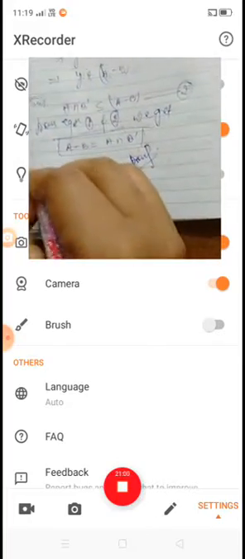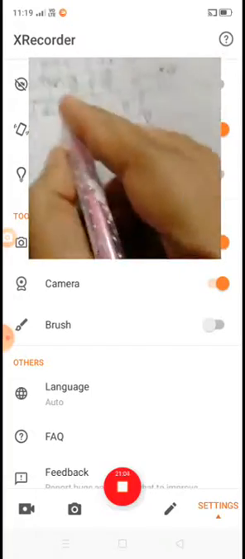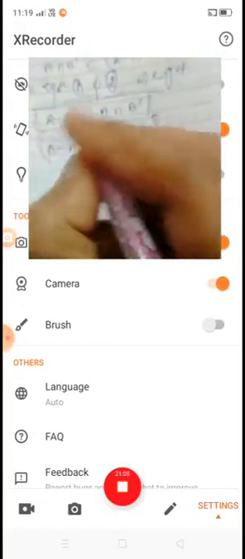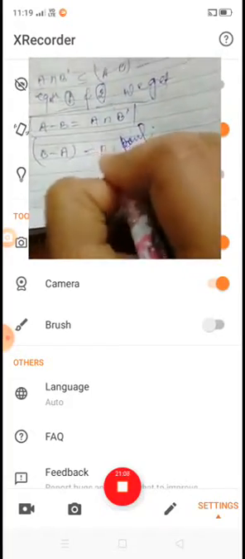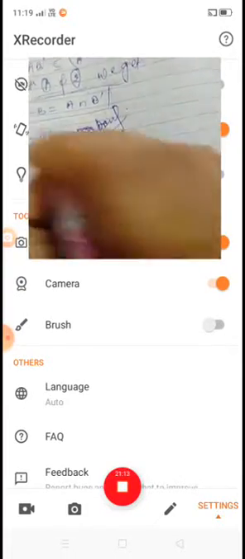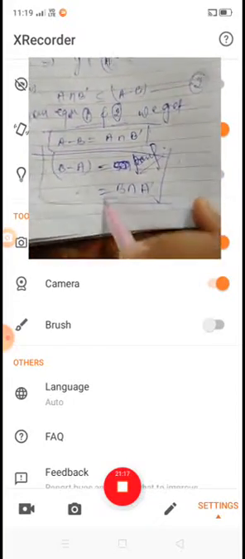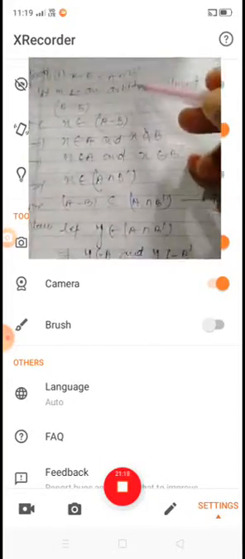So dear students, you prove all the results in this way. Same as the second result. The second result is B minus A is equal to B intersection A dash. So dear students, you have to prove this result in the same way.